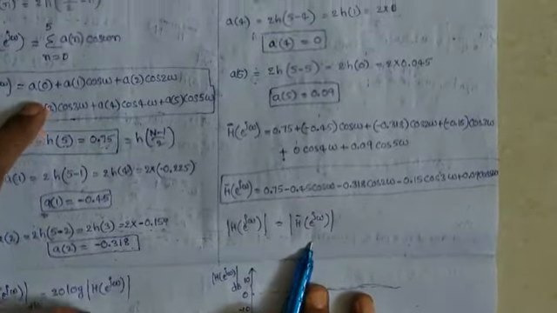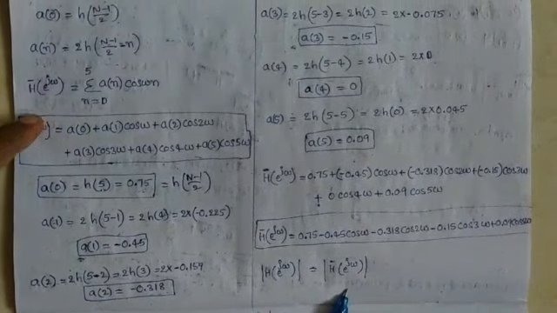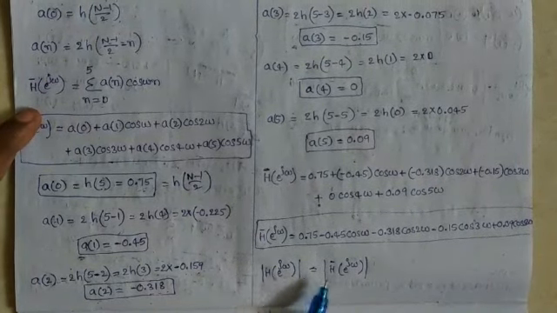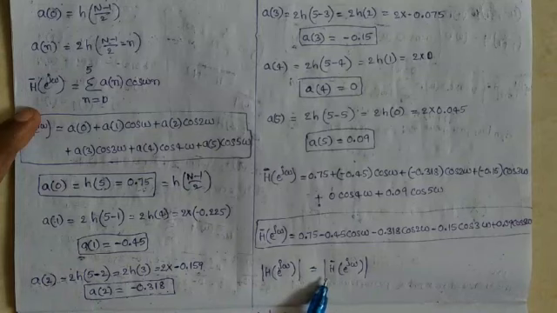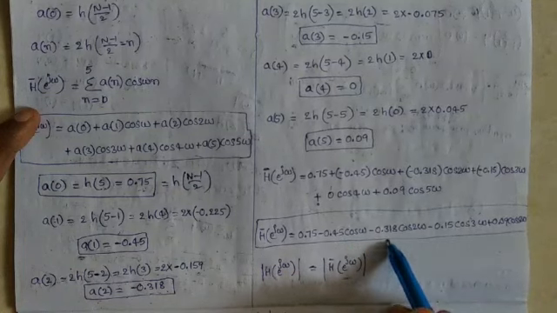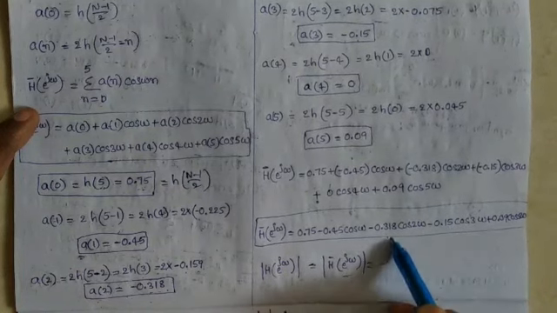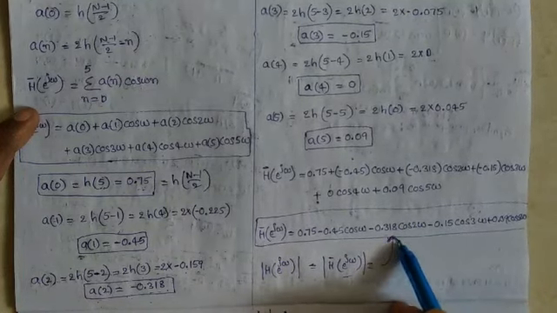Now we are determining the magnitude of h of e power j omega in decibels. How to calculate it? We already calculated h bar of e power j omega, the same value.